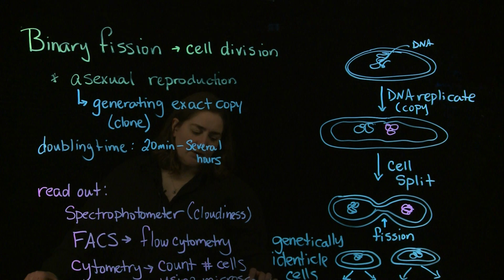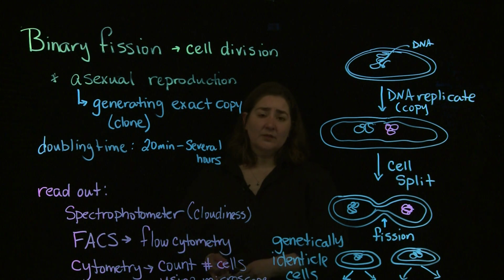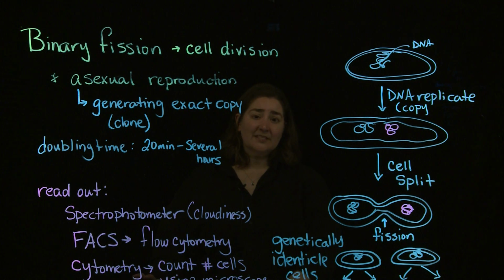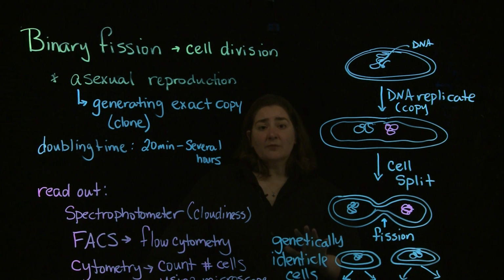Really what I want you to know, those are the main pieces of equipment that can be used to determine cell number in a culture of bacteria. These methods can also be used with eukaryotic cells. It's not exclusive just to bacterial cells, but they can be used to determine bacterial cell number. That's what I want you to keep in mind with that.